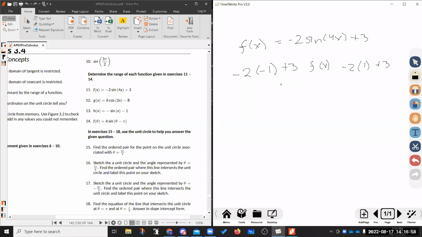I'll have to figure out which one's bigger in a second. So this is 2 plus 3 is 5, and negative 2 plus 3 is 1. So f of x is bounded by the range 1 to 5.